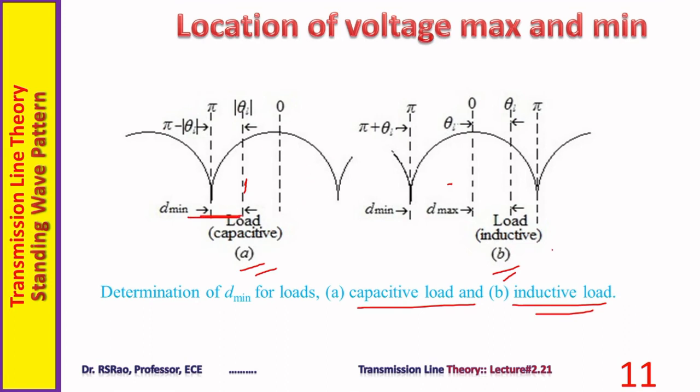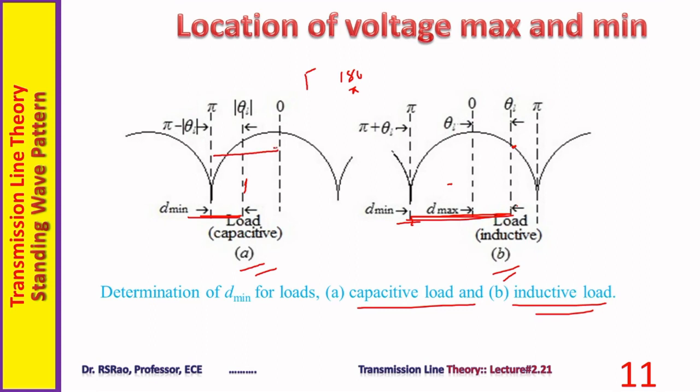In B, inductive load. Inductive load means load point is somewhere here. First, what you have is voltage maximum, then voltage minimum. The distance between voltage minimum and load point. What is this distance? To calculate D minimum, these diagrams are useful. What is the idea? The basic idea is gamma, reflection quotient, varies 180 degrees or pi radians when you move from voltage minimum to voltage maximum.